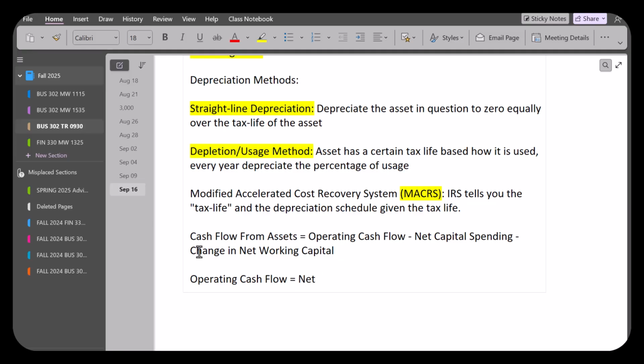But when net income for the project is calculated, sales minus cost, notice that we're not actually attaching any interest rate cost to it because we're ignoring any interest.